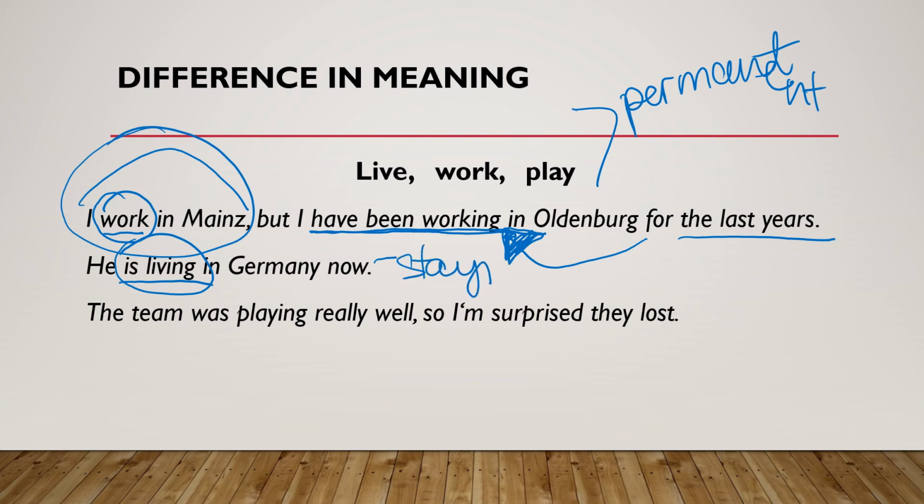Maybe he has a limited contract, whatever. The team was playing really well, so I'm surprised they lost. So we're talking about some limited time when the game took place and the people were playing.